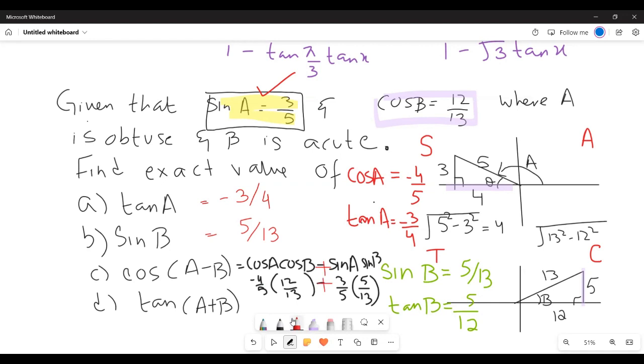Minus 33 over 65. Probably. We'll check the rest and tell. Are we getting the same answer as Heather's?